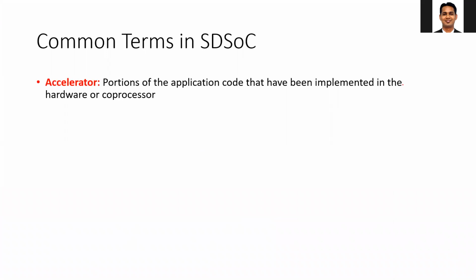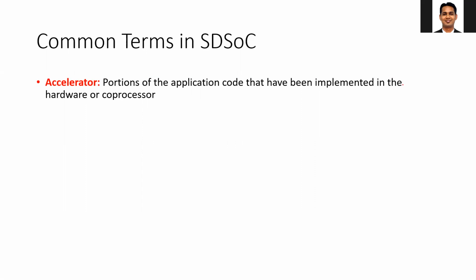So let's revisit some of the terms in the SDSoC. The first term is the accelerator, which we have been using quite often. An accelerator is nothing but the portion of the application code which you are implementing on the processor that has been implemented on the hardware, which can be an ASIC, FPGA, or other coprocessor, which can be a Neon coprocessor or GPU.